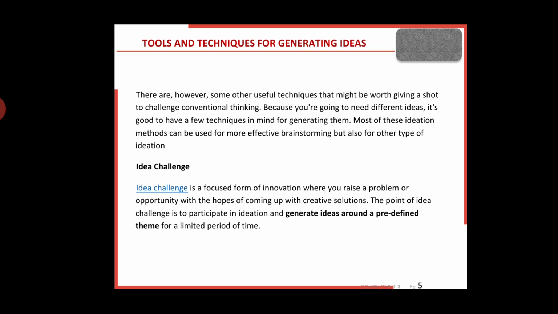Most of these ideation methods can be used for more effective brainstorming, but also for other types of ideation. Ideation aims to use creativity and innovation to develop better solutions.